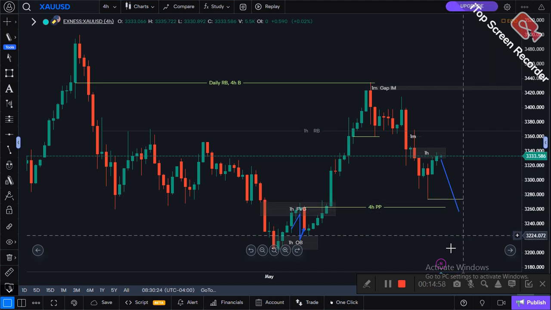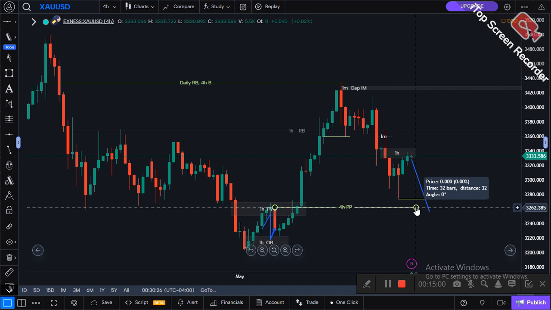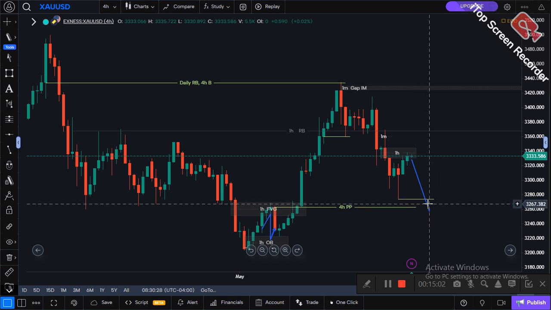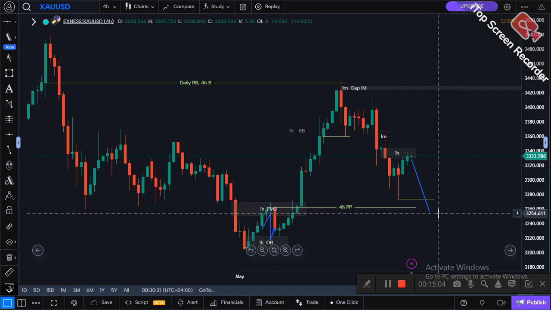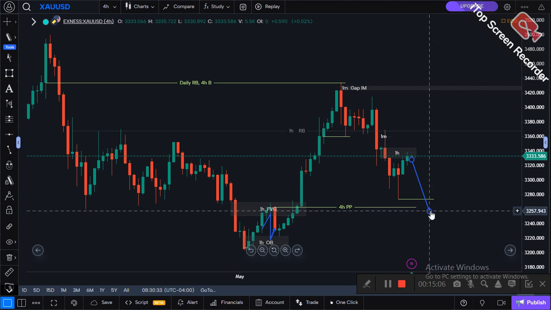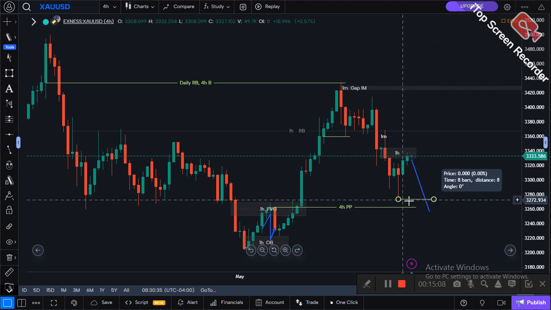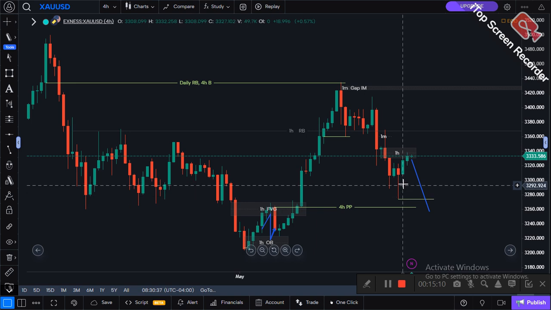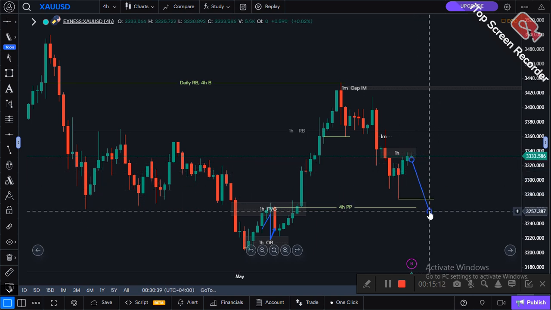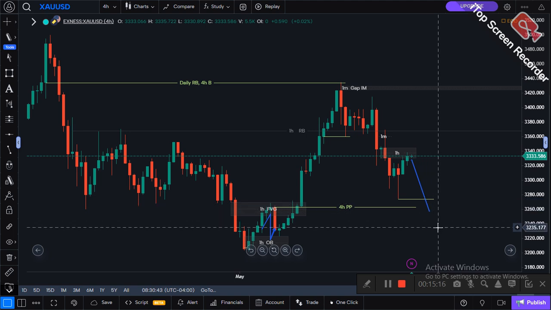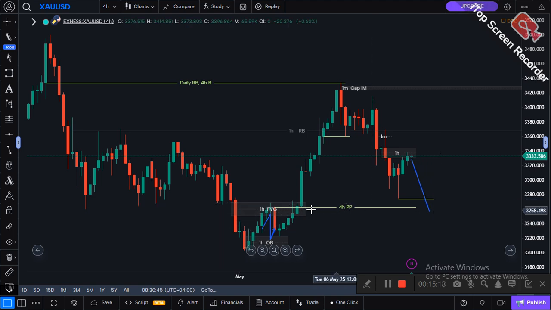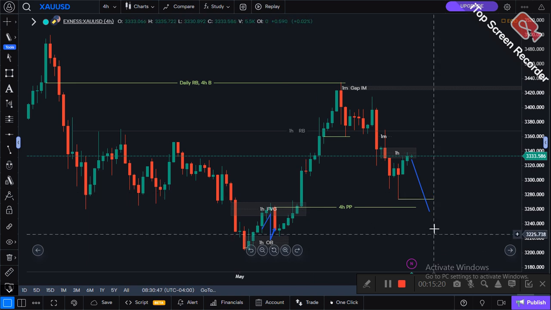So you have to take your TP from that level, below that level. Why do we take below that level? Because the market is going to sweep this level. What is a sweep of liquidity? I will show you. Because of this fair value gap, it wants to touch this fair value gap, the sweep of liquidity.